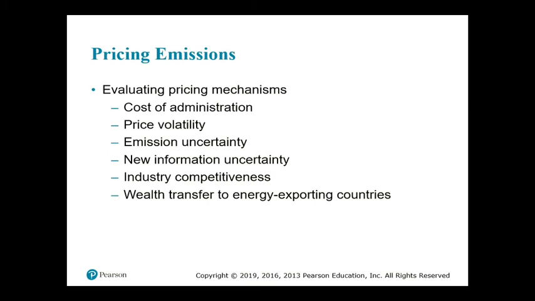And similar to that, we may have wealth transfer to energy exporting countries. For example, the issue of carbon leakage is when companies subject to a very strict emission policy move their factories and production to other countries without such a strict policy.